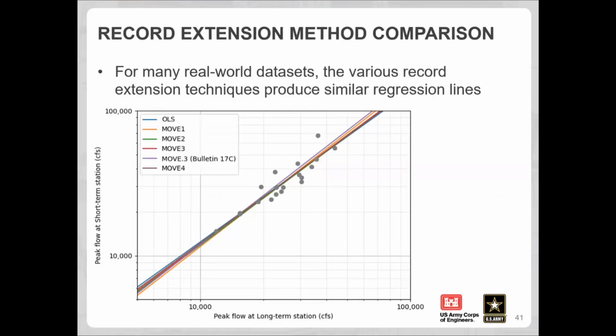This is just to show that from a lot of our real-world data sets, the differences between the different techniques, whether you're doing regular least squares regression or any one of these other record extension techniques, are usually pretty darn close to each other. So if you had used something in the past and you're going to use this new Move 3 method, you might think you're going to get much different results. I would doubt it. Results are going to be pretty similar.